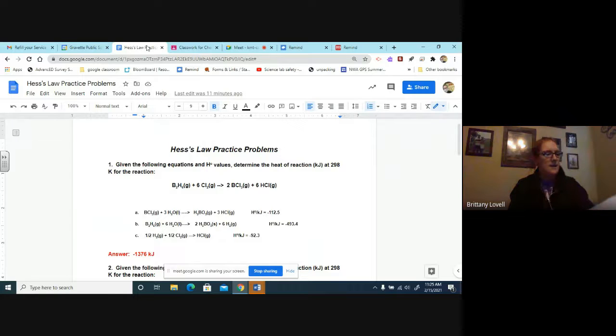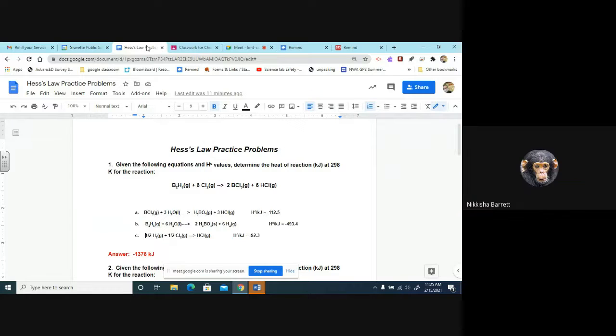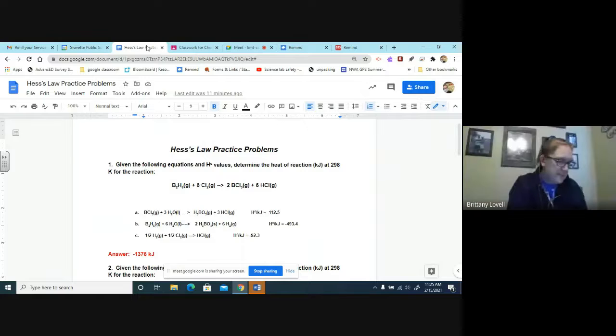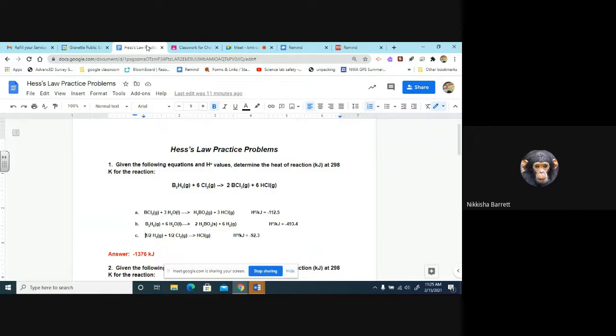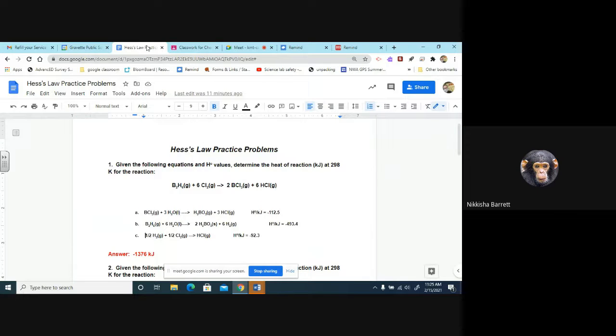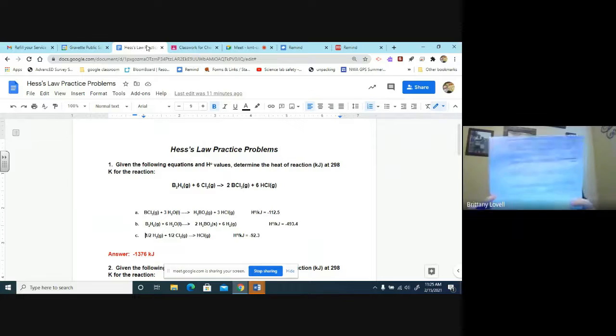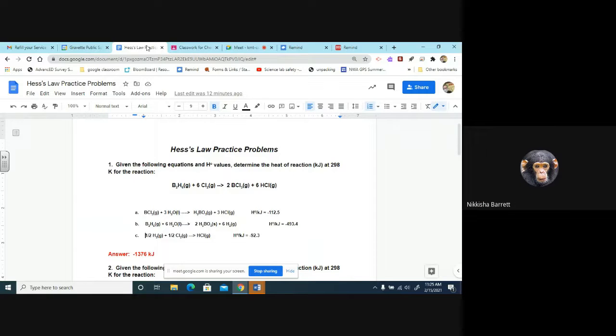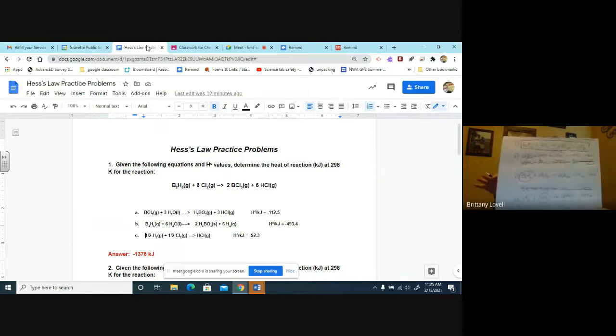And then, do we have 6 HCl somewhere? The answer is yes, we do, but we're going to have to fix it a little bit. If you have HCl that shows up on both sides of the equation, on the reactant side and the product side, you can cancel stuff out.